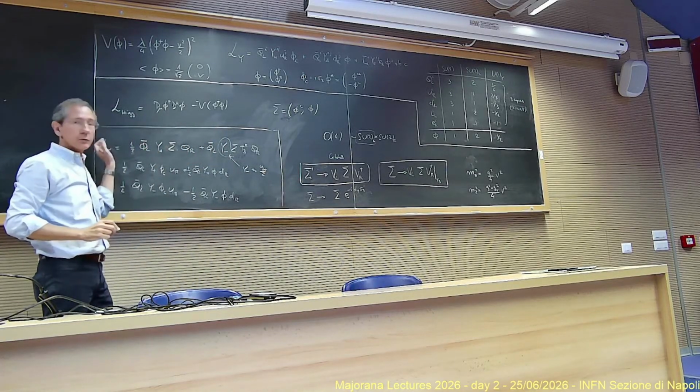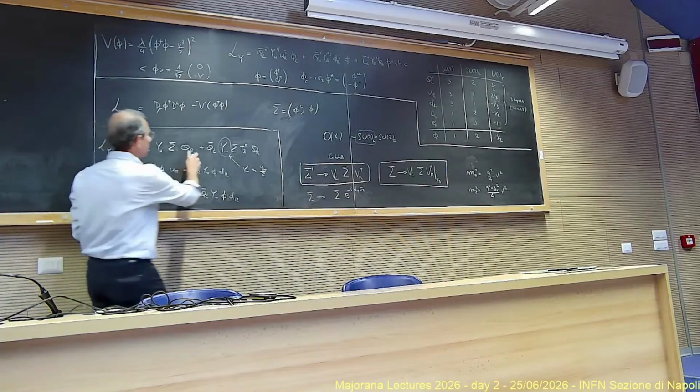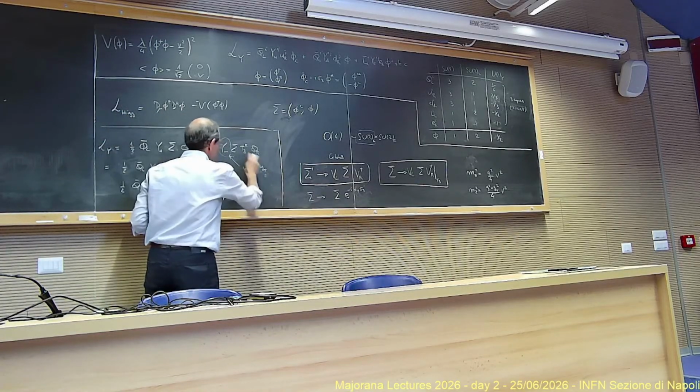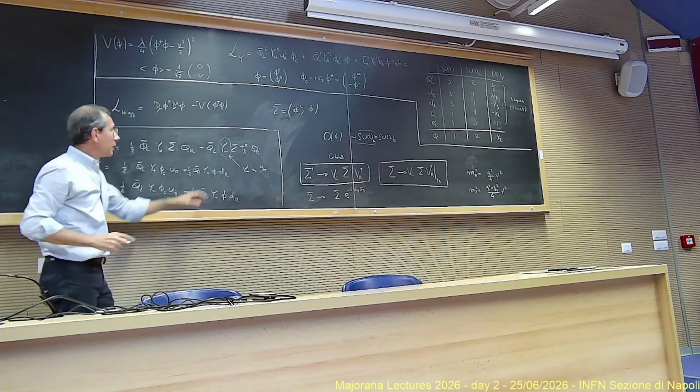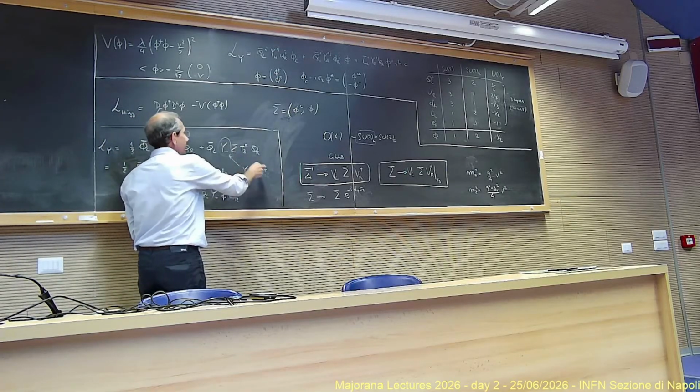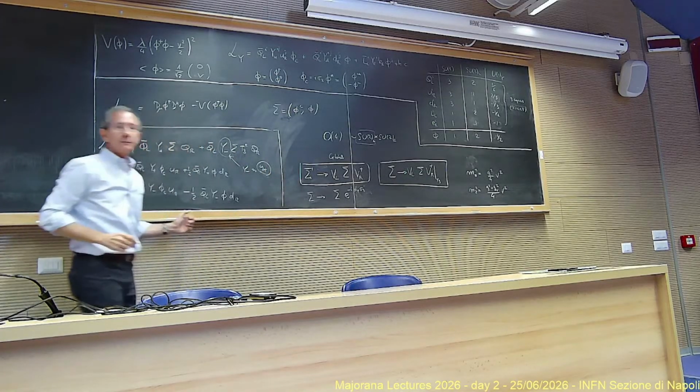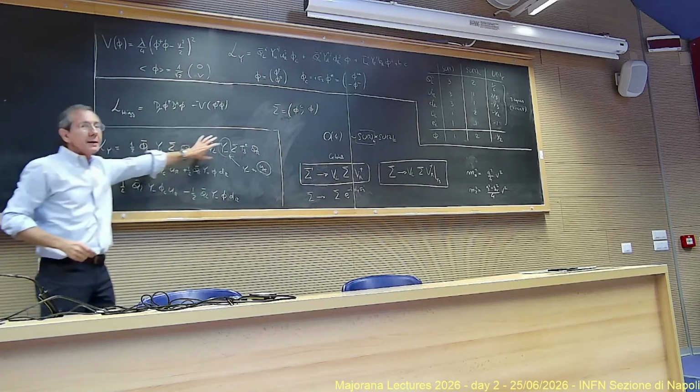Because the factor 1/2 comes from the generator. So the coupling is 1, right?